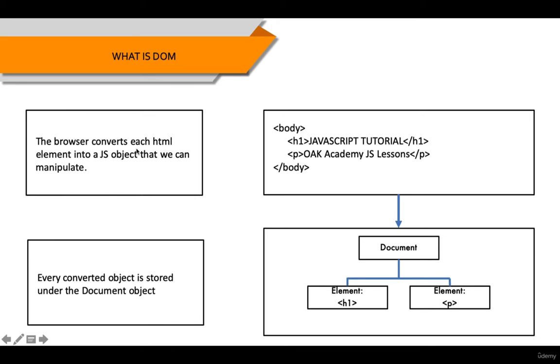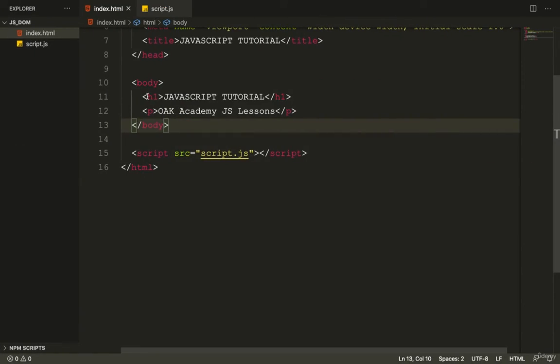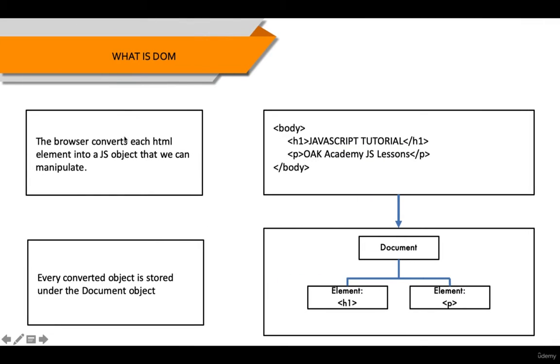What I mean by that is that this HTML is turned into a bunch of JavaScript objects. The browser takes every HTML tag and turns it into a JavaScript object. That's where we get the object model part of Document Object Model.